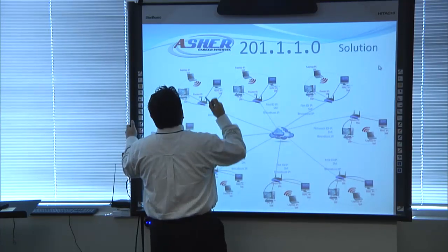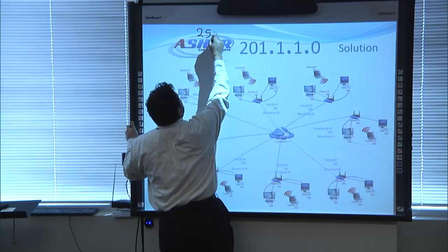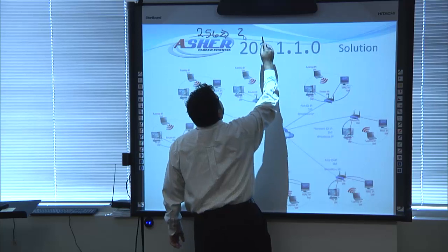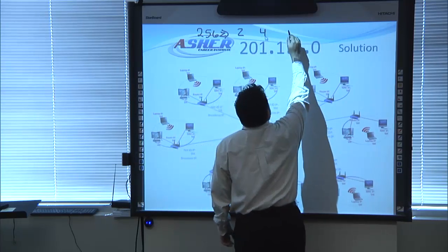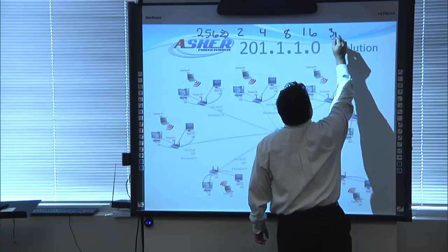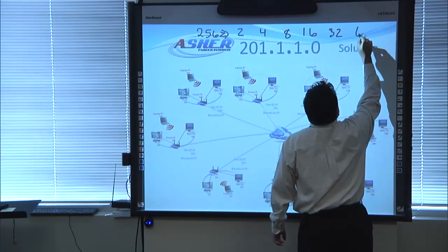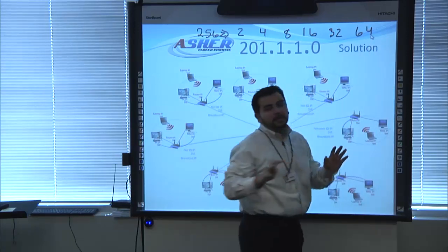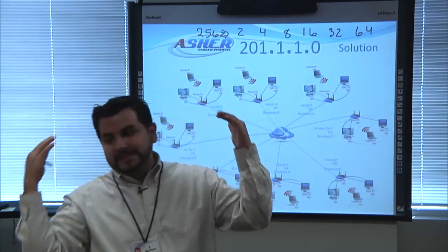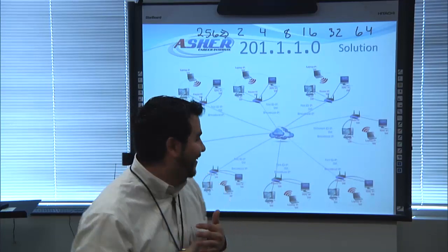You can take those 256 IP addresses and break them up into 2 groups, 4 groups, 8 groups, 16 groups, 32 groups, and 64 groups. And you cannot do anything beyond that. If you can remember that, that will ease your whole pain of subnetting.